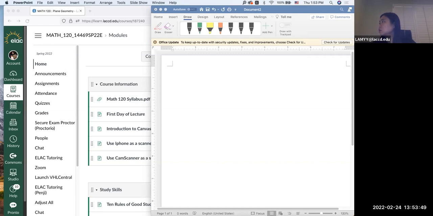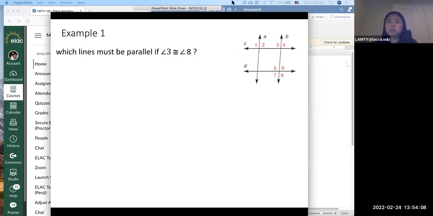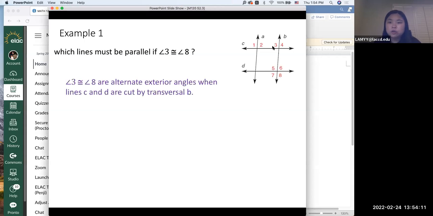Alternate exterior angle. Okay, one more time here. Angle 3 is congruent to angle 8. So these two angles are going to be alternate exterior angles, and these two lines are going to be parallel. C and D are parallel.